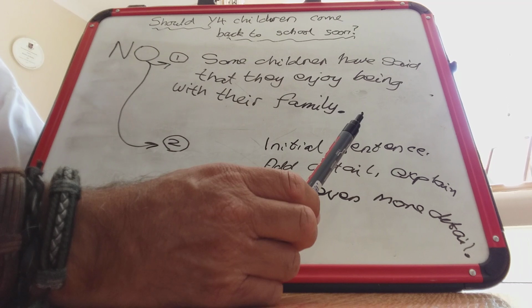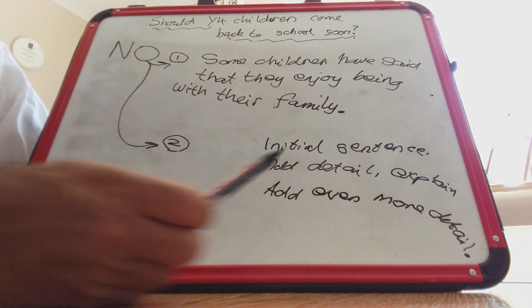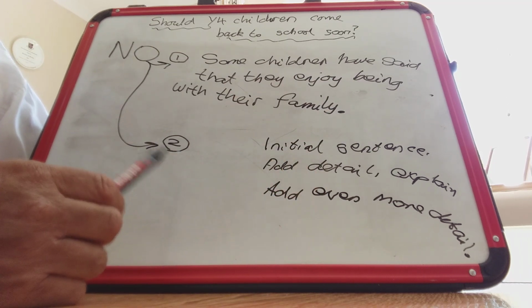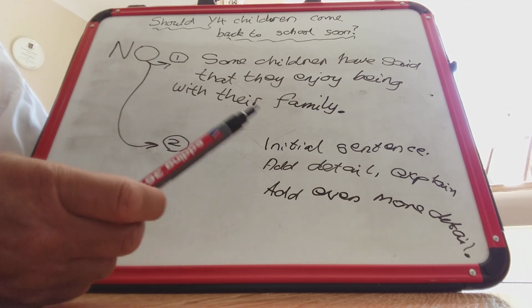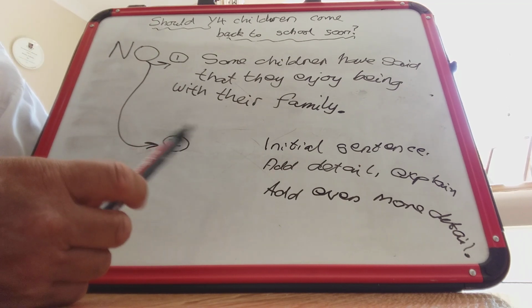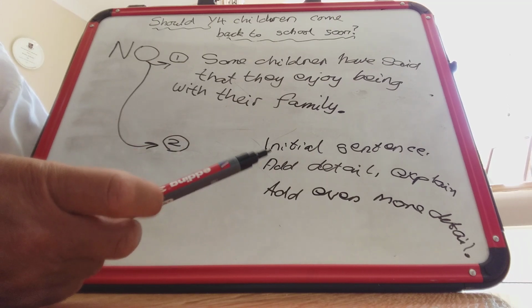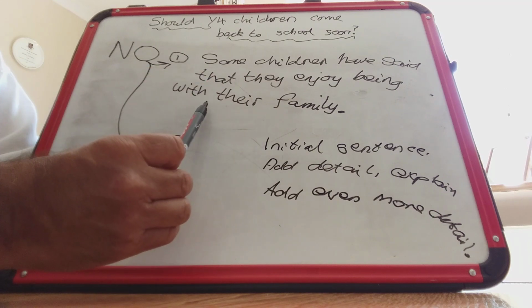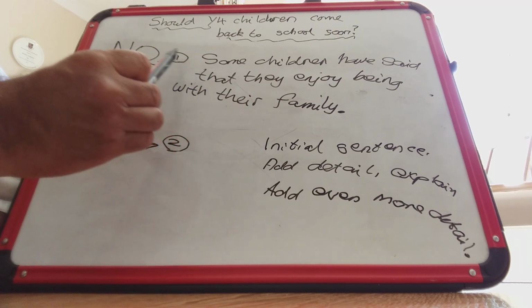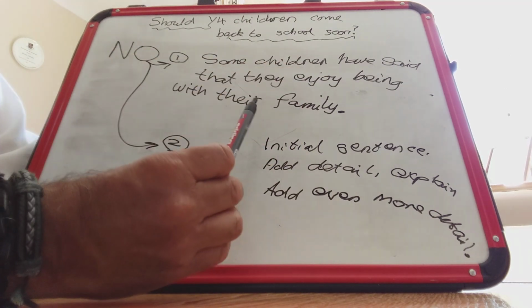They don't get much time to hang around together. Whereas this situation that we're in at the moment has given lots of people lots more time together. Sometimes that's a little bit difficult, but in a lot of cases that's a very good idea. So that would be your second and third sentences to explain the initial sentence that you've got there.